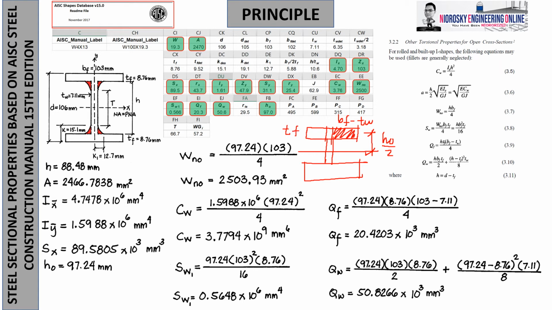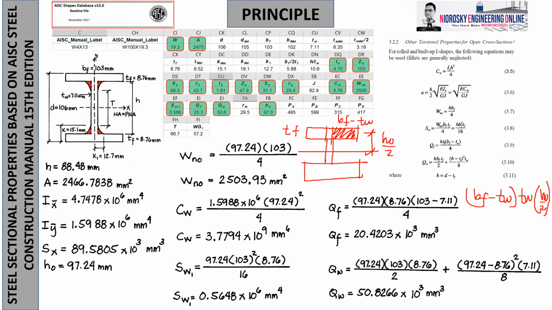So, how do we compute the statical moment for the flange, the side that is overhanging? Get the area times the centroid. So BF minus TW times thickness of the flange times H sub naught over 2. So meaning, this is the formula as depicted here. Where is that?